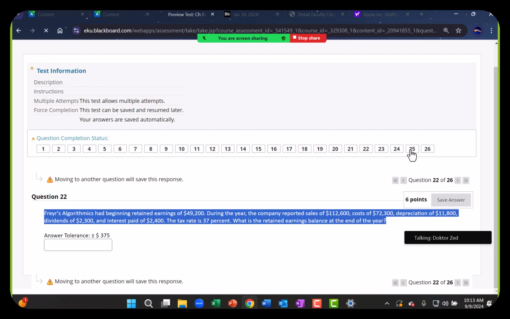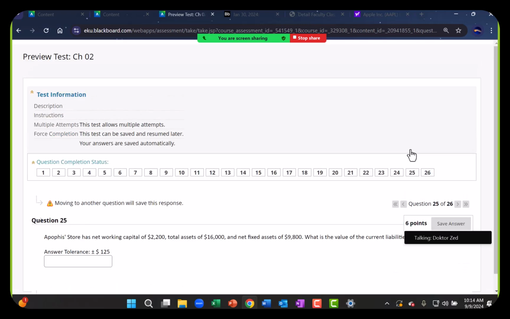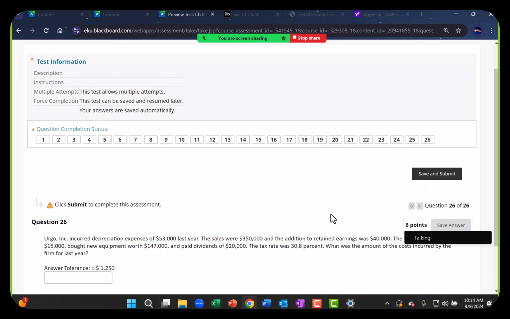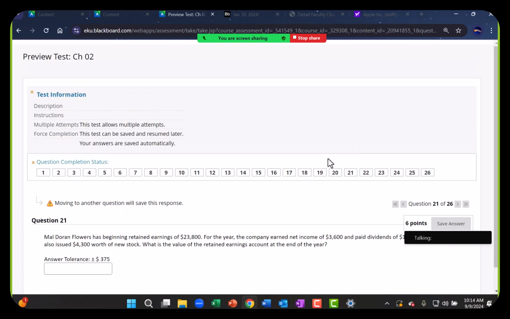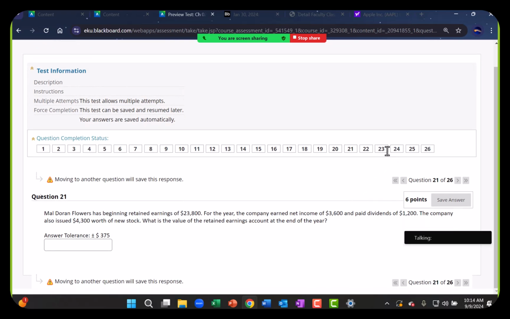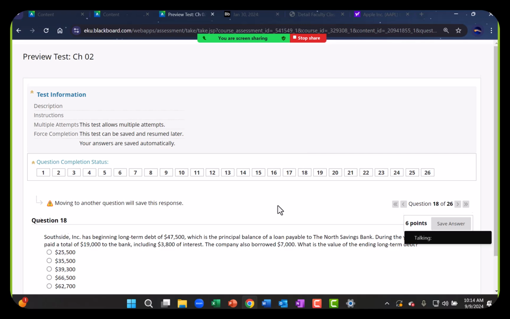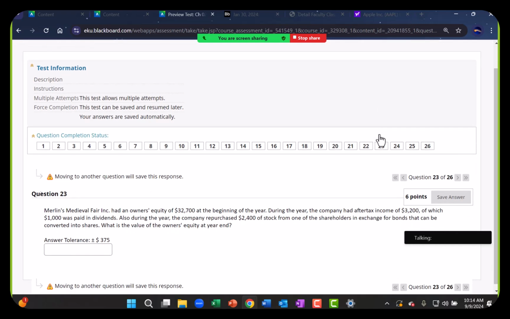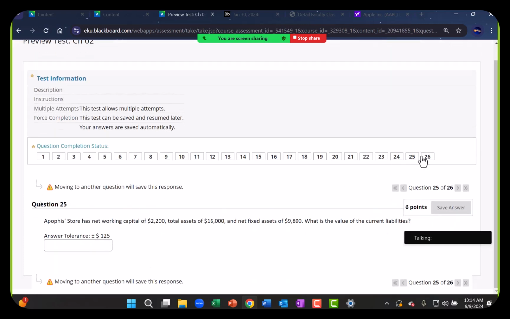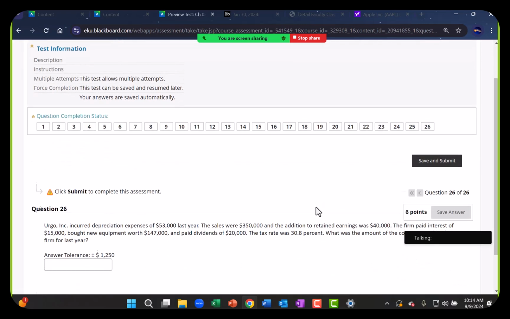By the way, I'm going to generate the problems for your homeworks out of these. Okay, let's do this one.